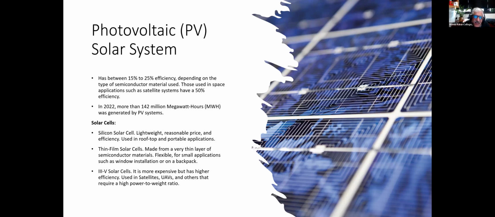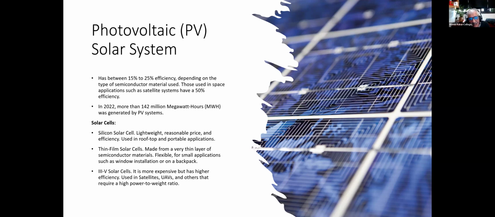The efficiency of this PV system is between 15% to 25%, depending on the type of semiconductor material used. Those used in space applications such as satellite systems have a 50% efficiency. As I said, those that we use for rooftop are somewhere around 16 to 20%, depending on the type that we use.